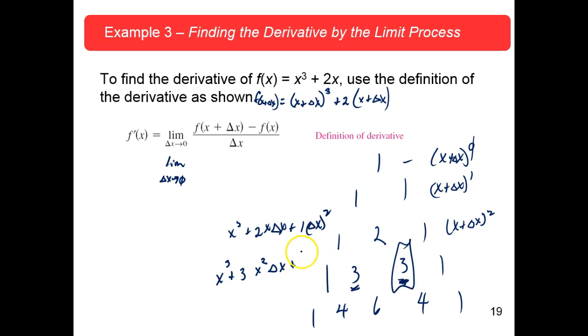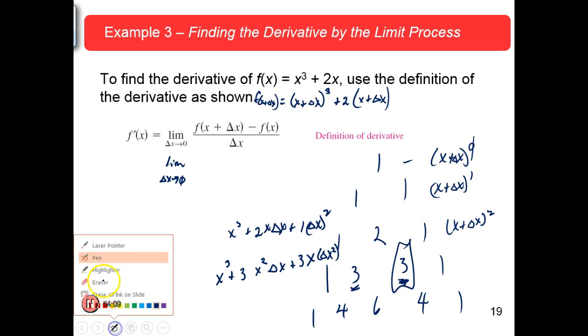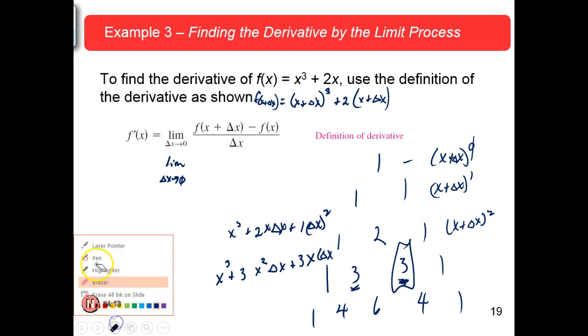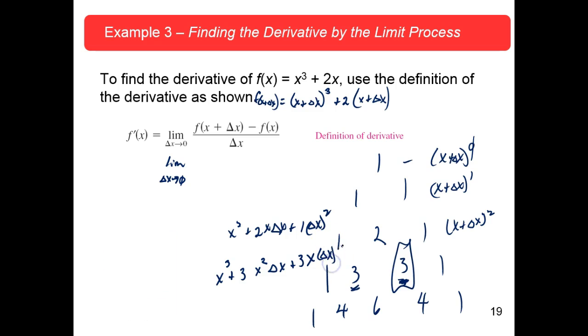Okay, and then the next coefficient is 3. Now this time you're reducing the x by 1, so that would be x, but you're increasing the delta x by 1, so that would be delta x, whoops, wrong. You gotta be a little careful with your parentheses. Delta x squared.